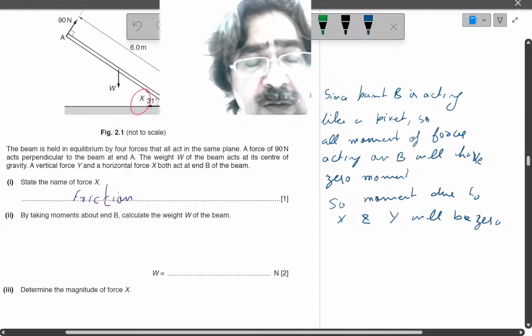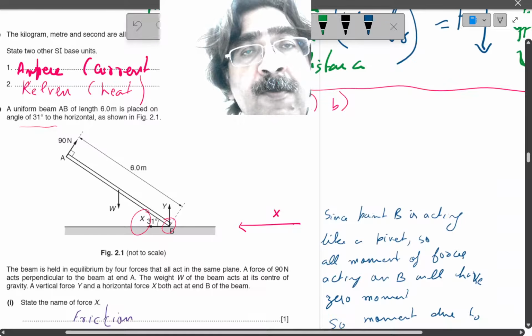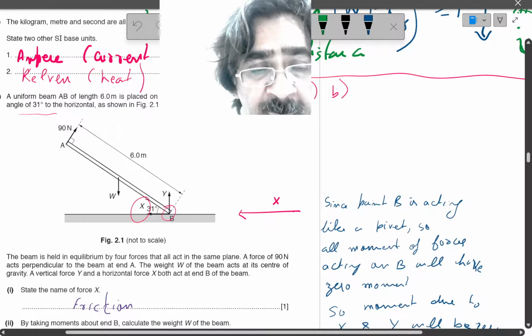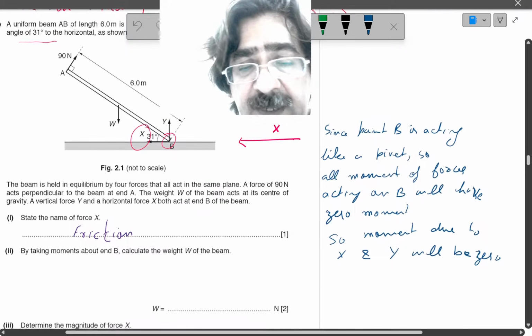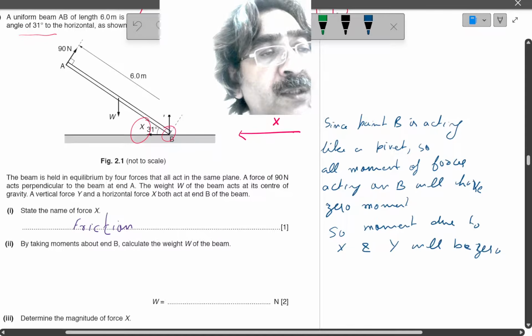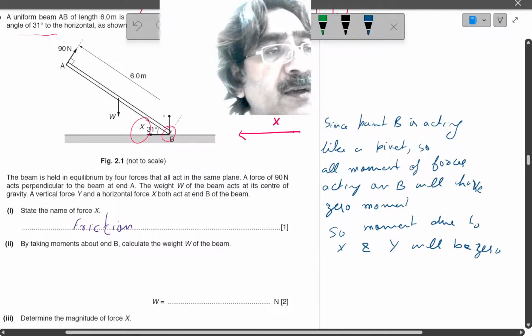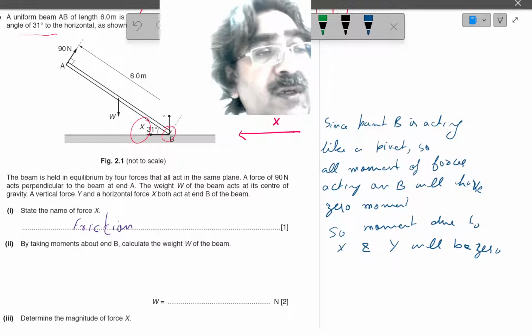Okay, now the question is: by taking the moment about B, calculate the weight of the rod. So there are two moments, the moment at A and the moment of the weight.